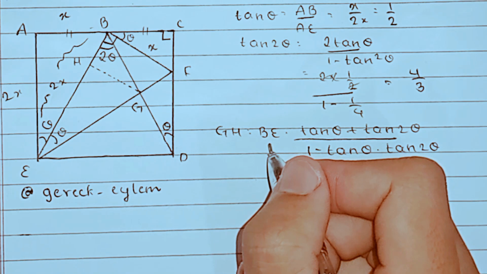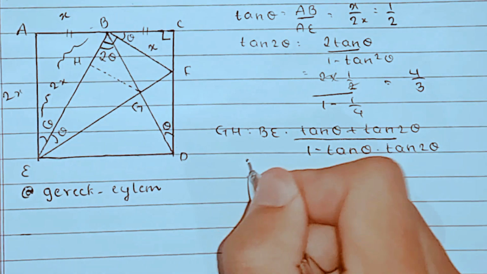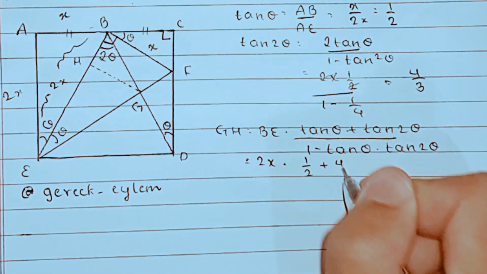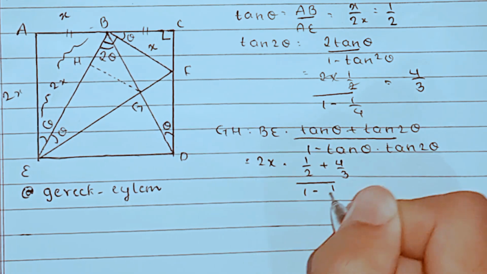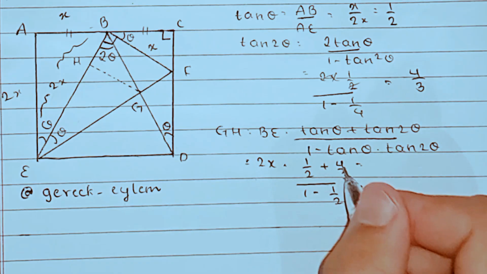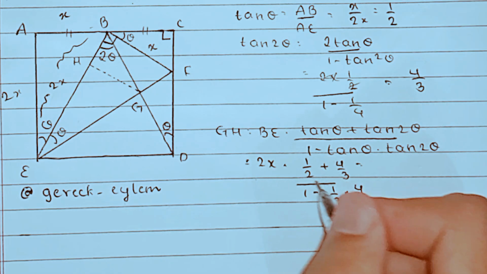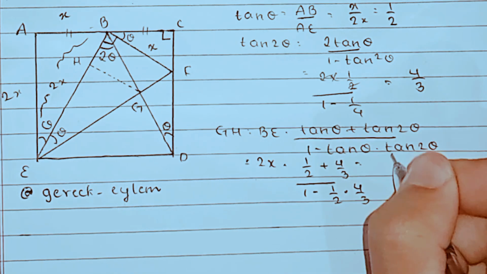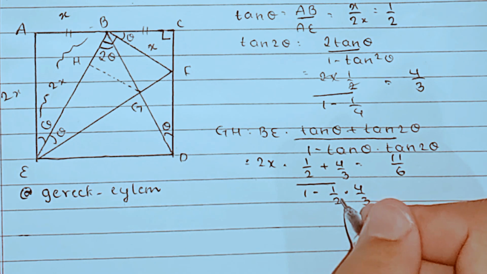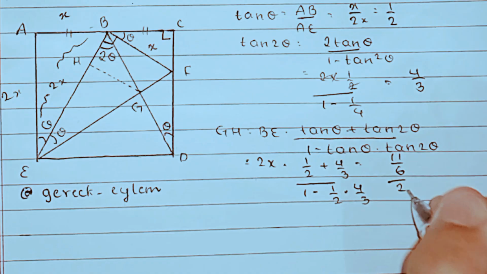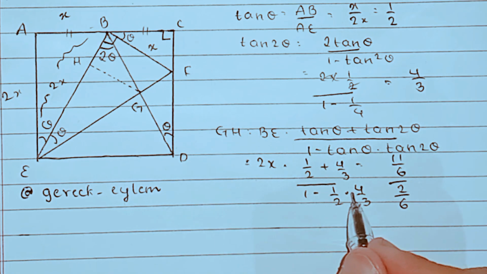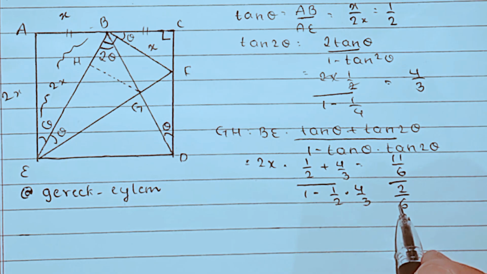So BE right here is equal to 2x, tan theta equals 1 by 2 plus 4 by 3 upon 1 minus 1 by 2 into 4 by 3. So the numerator 3 plus 8 gives 11 upon 6, and the denominator 6 minus 4 gives 2 by 6.